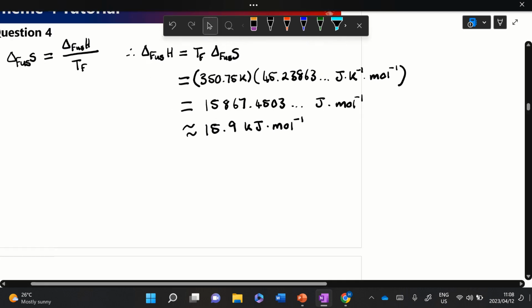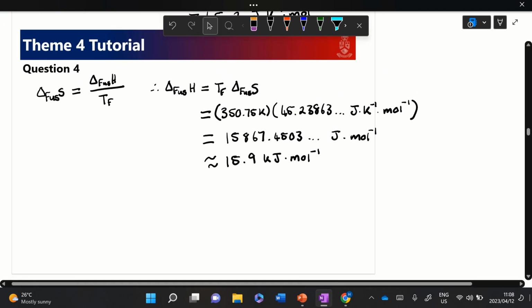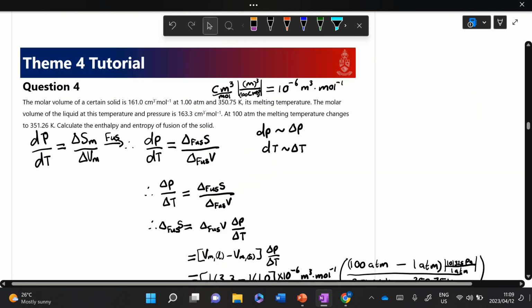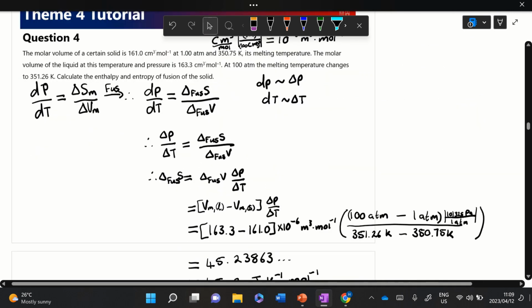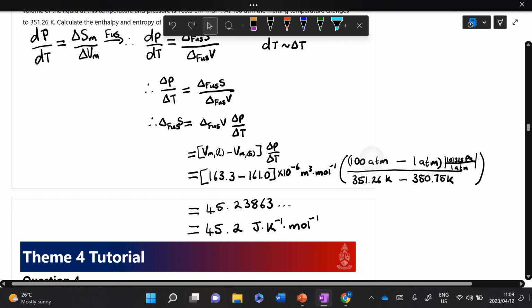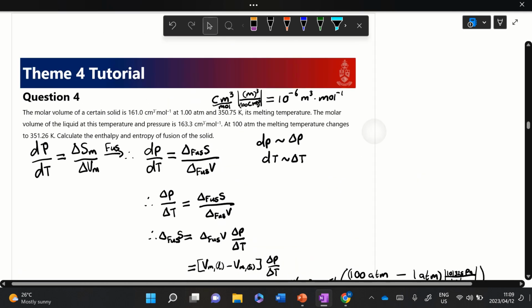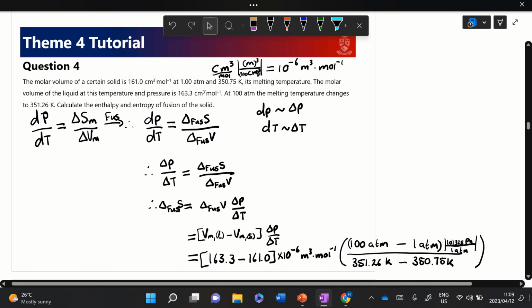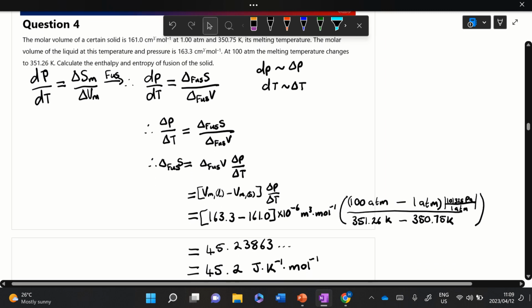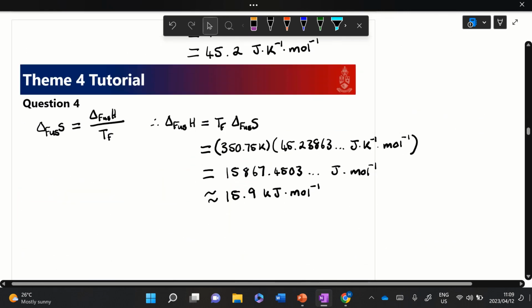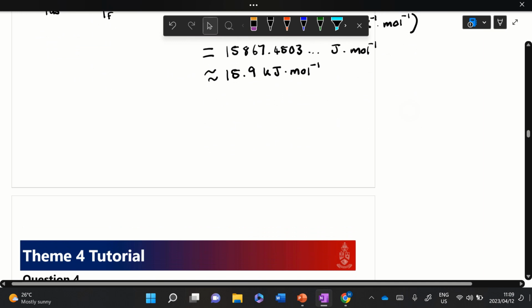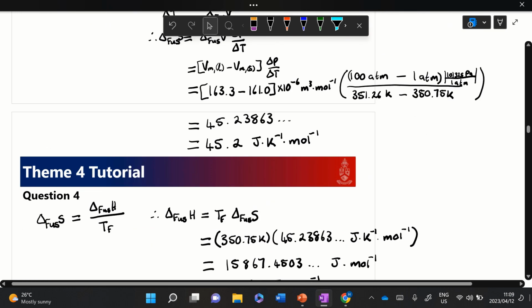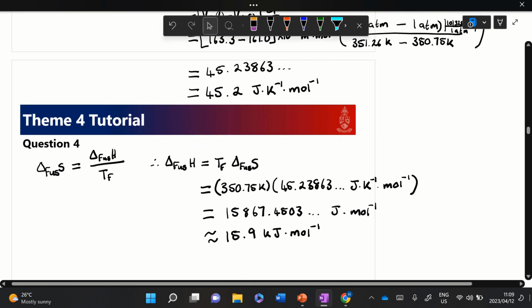So that's quite a significant increase in the entropy. It makes sense going from a solid to a liquid, or actually it's fusion, so interesting. The fusion entropy is positive, so it means there's an increase in disorder for the fusion process. You can argue why that is.